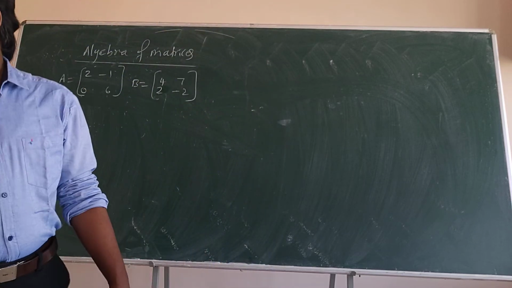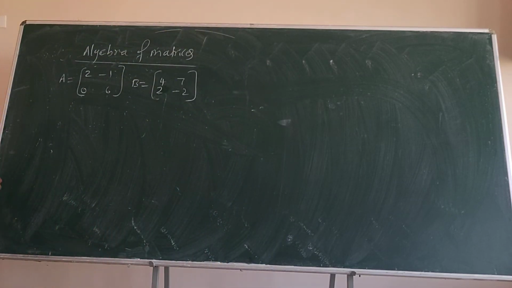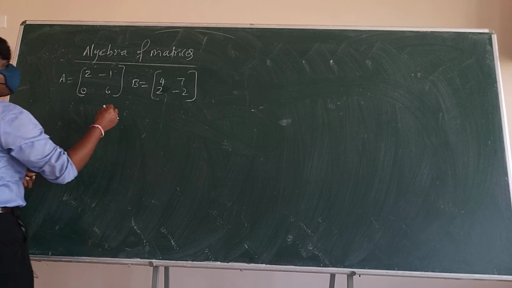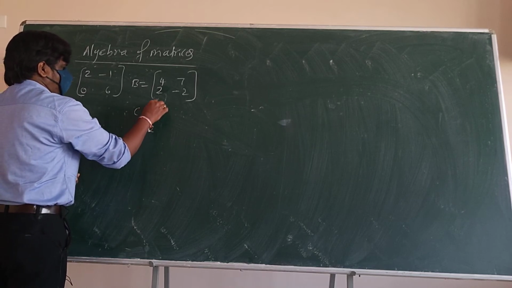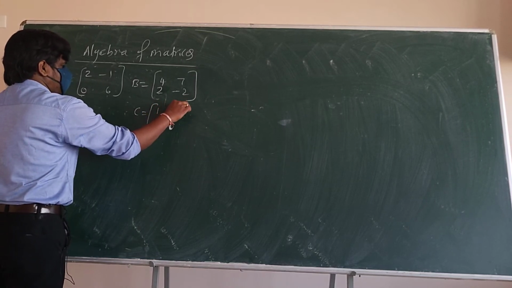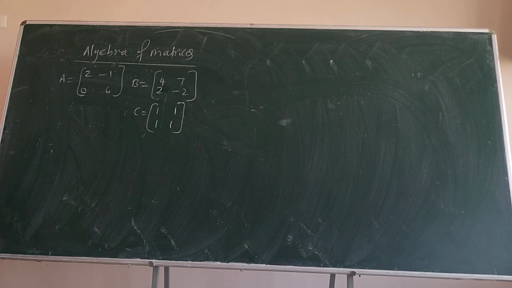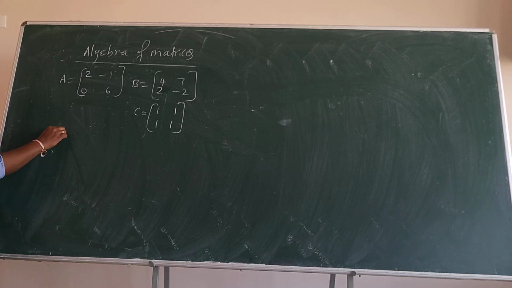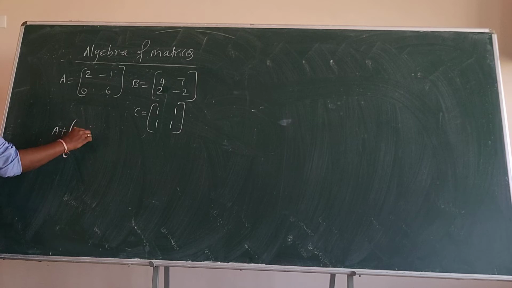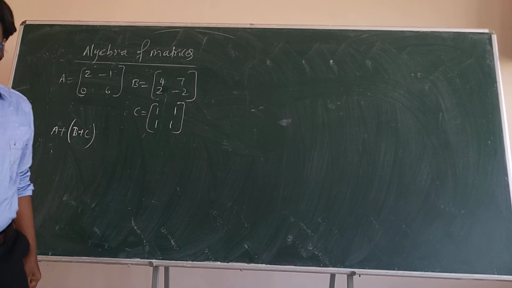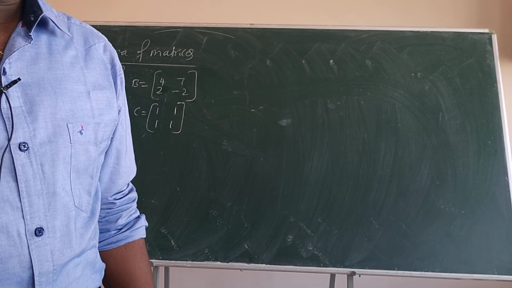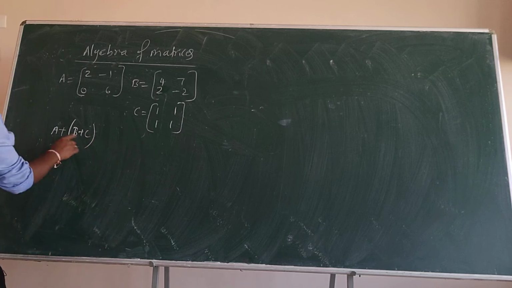See here, if you have these two matrices, and I take one more matrix C, 1, 1, 1, 1. If I want to find A plus B plus C, what do you do here?